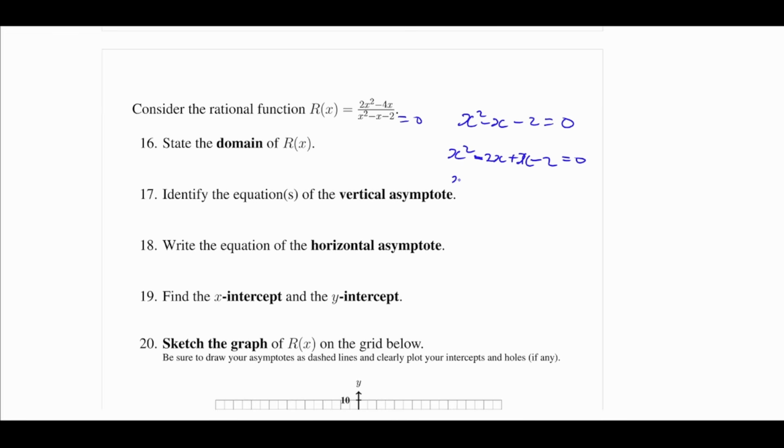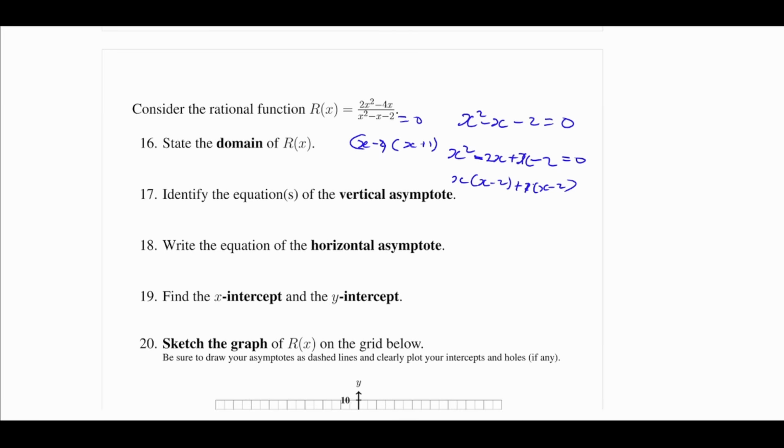Now if I factor, I have x out, x minus 2, and then plus 1 out, x minus 2, and so the factors will be x minus 2 and then x plus 1.